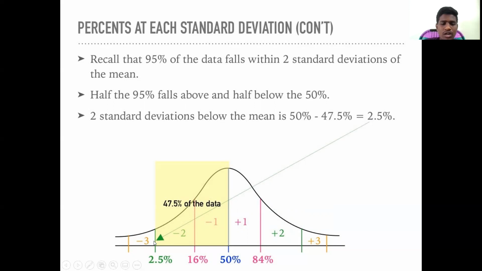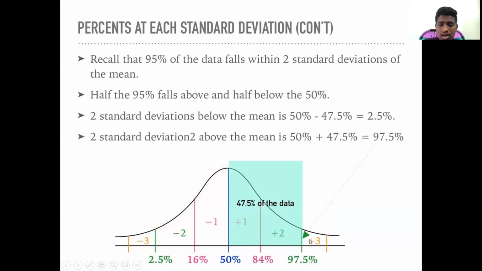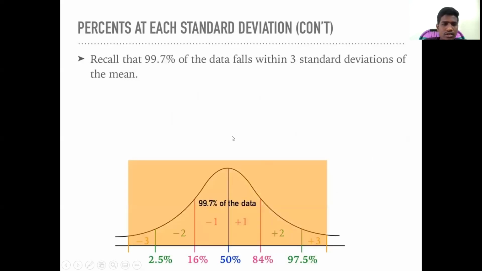The remaining 2.5% on the left is covered in -3, -4 and so on, and the 2.5% on the right side of the median is covered in +3, +4 in this area.